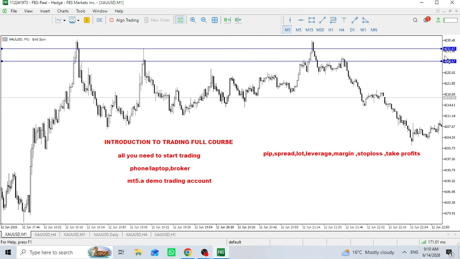Gold has its own way, and EUR/USD has its own way. Most of the pairs calculate pips the same way, with the same formula, but gold and USD/JPY are very different.